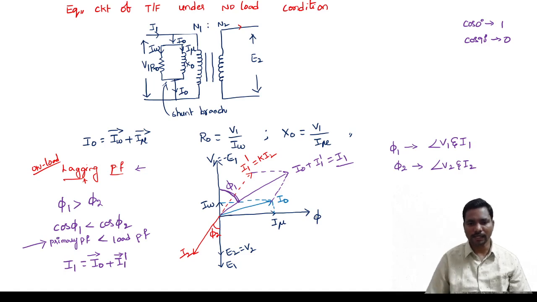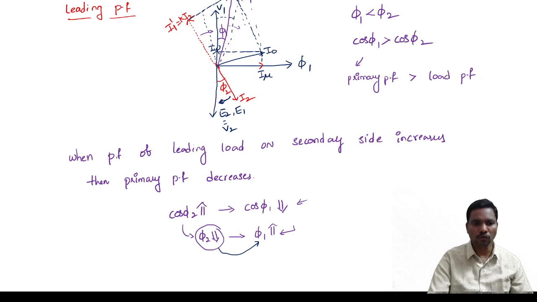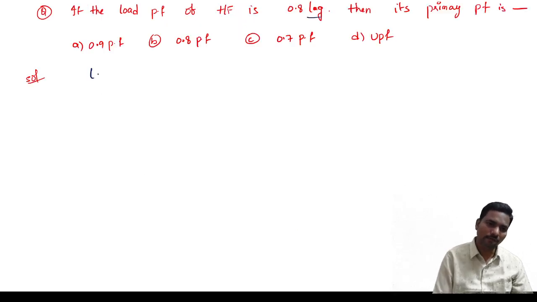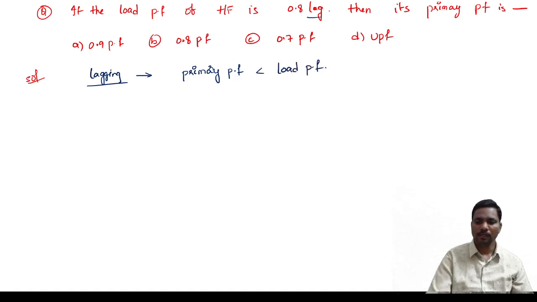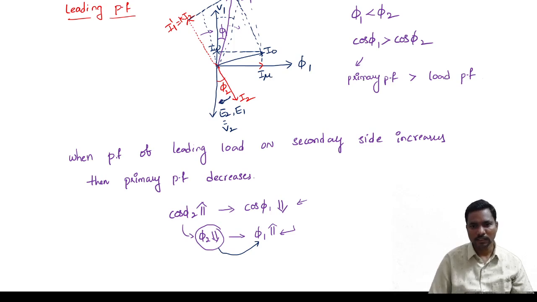In the lagging case, primary power factor is less than that of the load power factor, correct? So note that point. In case of leading, the primary power factor is greater than the load power factor.